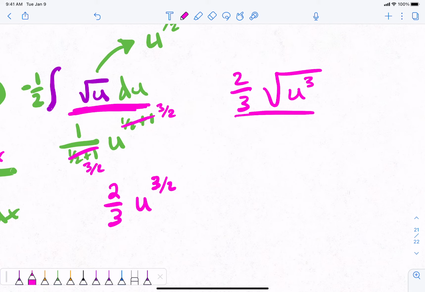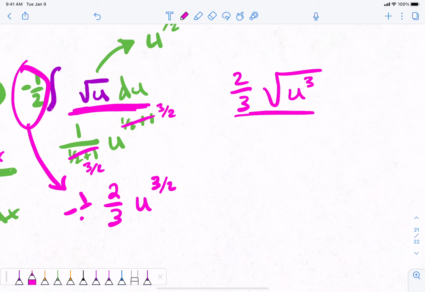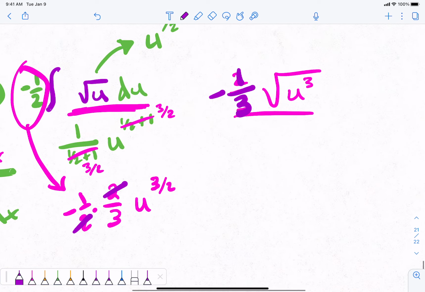What am I missing? The du goes away when you take the antiderivative. What did we forget? Would it be the negative 1/2? Yes, that needs to get multiplied down here. Negative 1/2 times 2/3. So really it's not 2/3 out in front. The 2's cancel, so it is negative 1/3. There's my antiderivative.